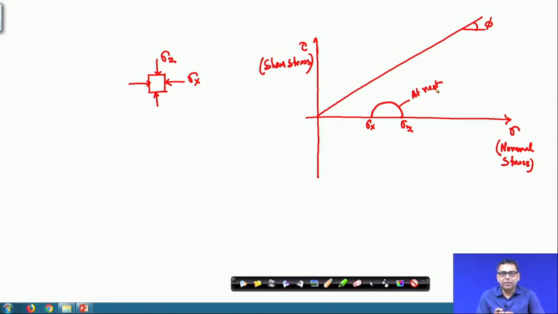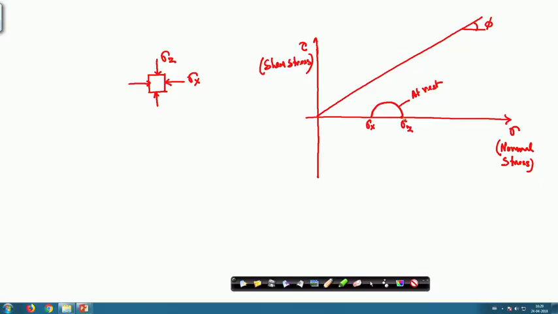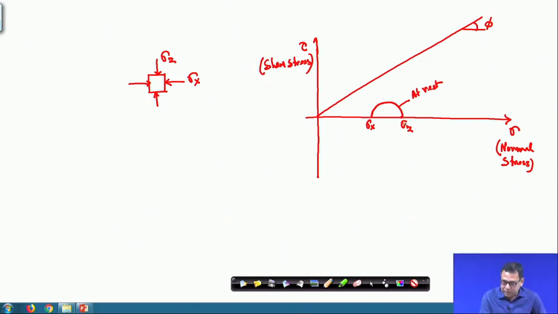Now, as the wall moves away from the backfill, the stresses in the horizontal direction decrease, but the sigma z value will remain constant. So, sigma x decreases and sigma z is constant.